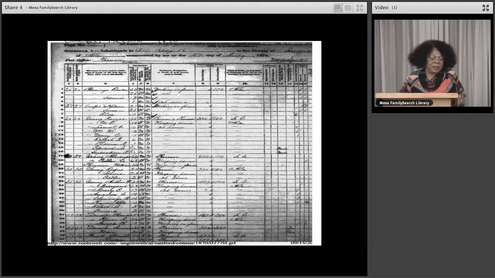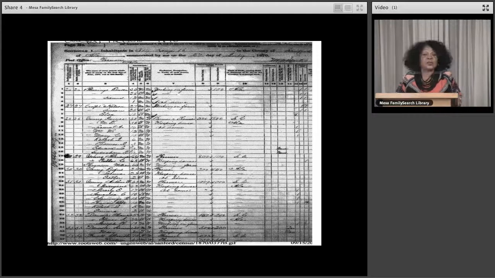One thing that was very helpful to me was, I believe on the 1910 census, they asked a woman, how many children have you had? How many children are still living? This can help you account for some that you may not be able to find.